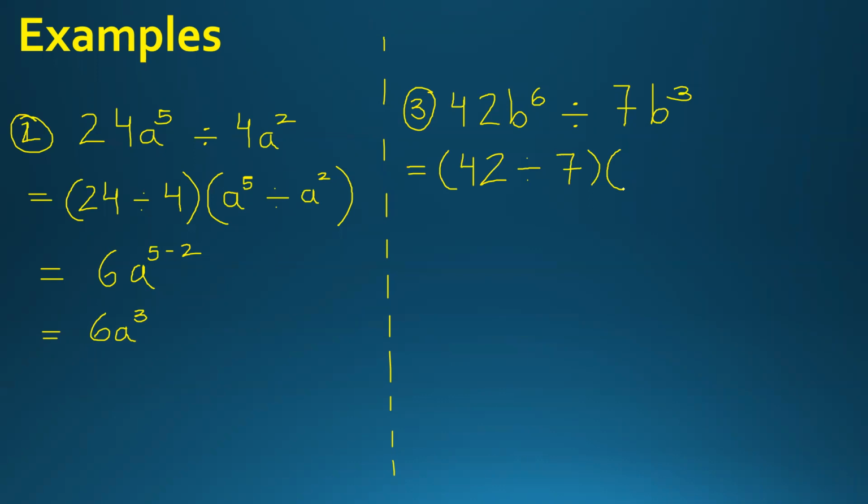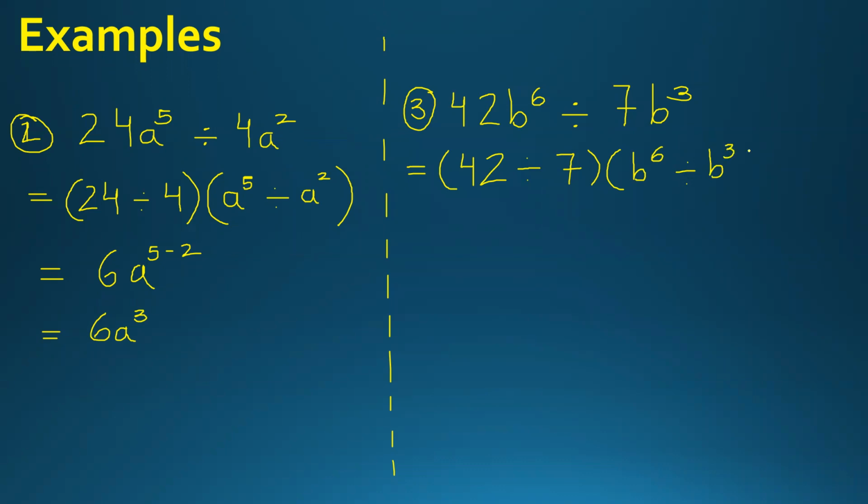Remember, it's division. For multiplication, we add the powers. But for division, what are we going to do with the powers? Subtract. Very good, subtract. So it's going to be b to the 6th power divided by b to the 3rd power.